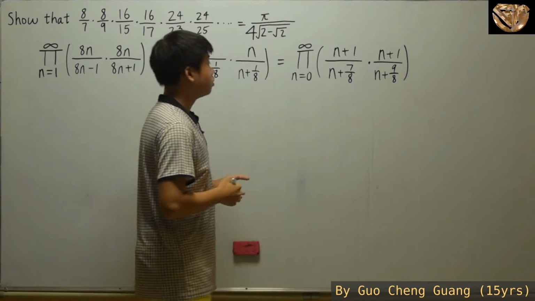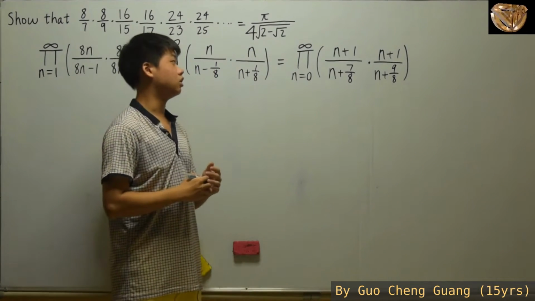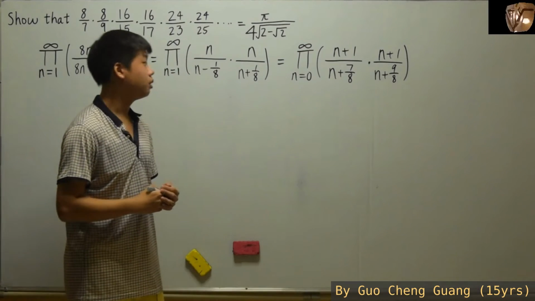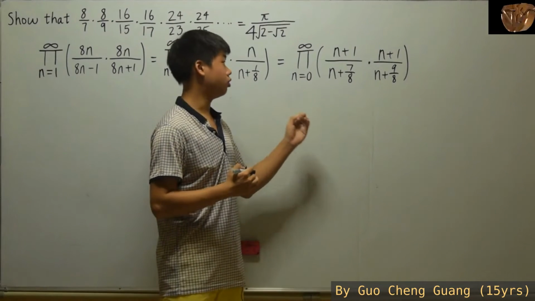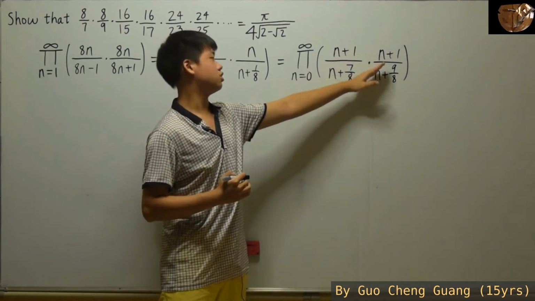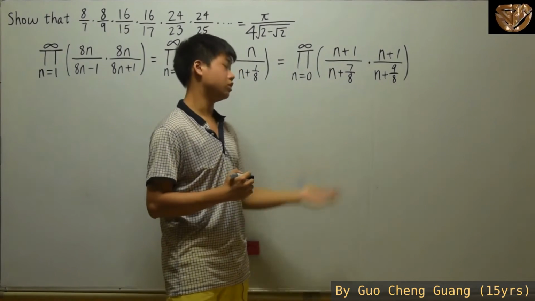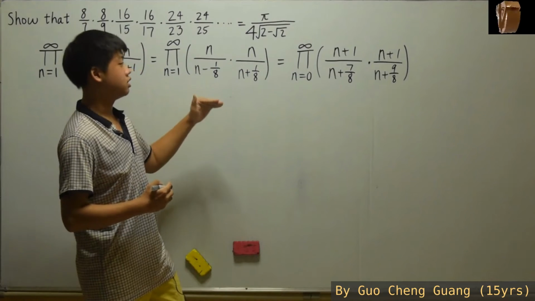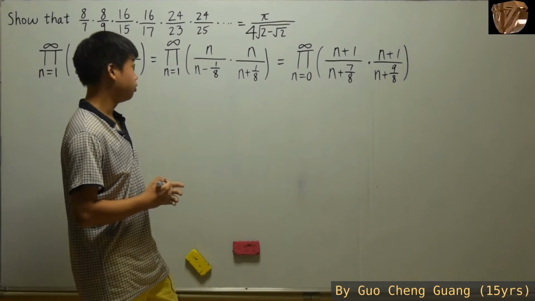At this step, what you might apply is something called the Wallis product. But before applying the Wallis product to whatever question you have, you always need to check. This is n plus 1, this is n plus 1. So 1 plus 1 is 2, and in the denominator you have 7 over 8 plus 9 over 8, which also gives 2. Both in the numerator and denominator, if you add them up, that'll be 2.